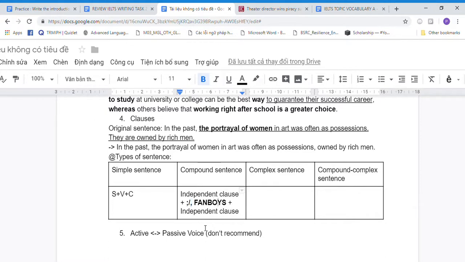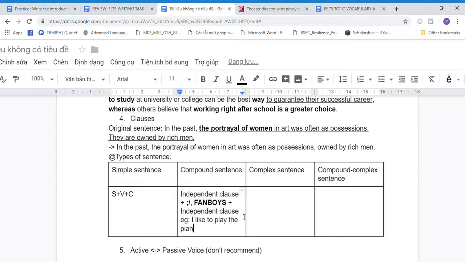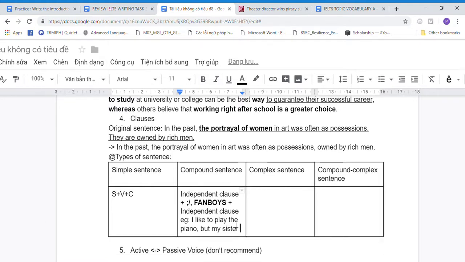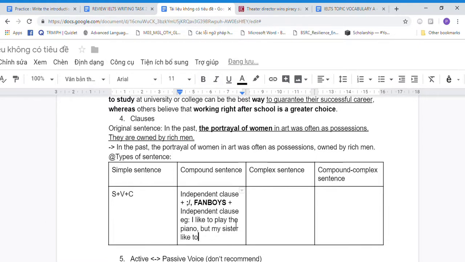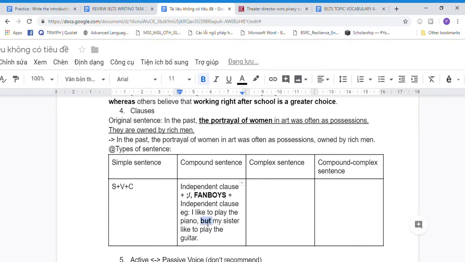For example, I like to play the piano, but my sister likes to play the guitar, right? Like that. But is a fanboy.